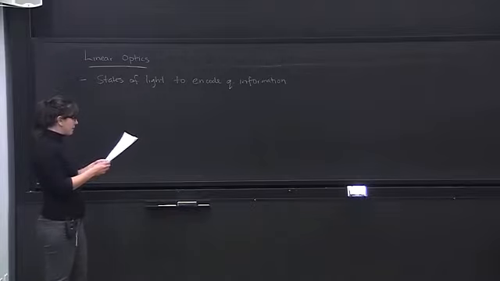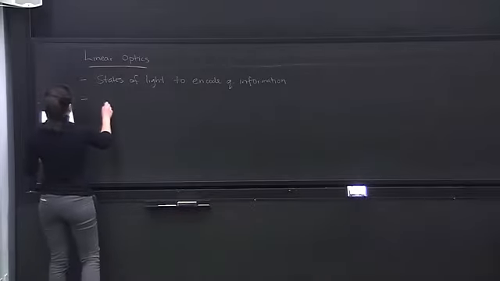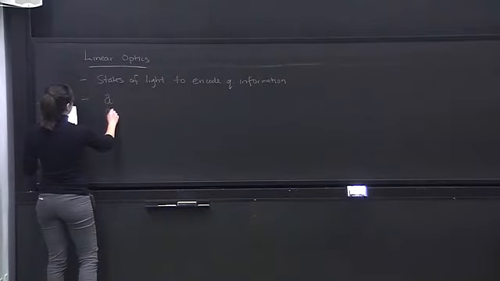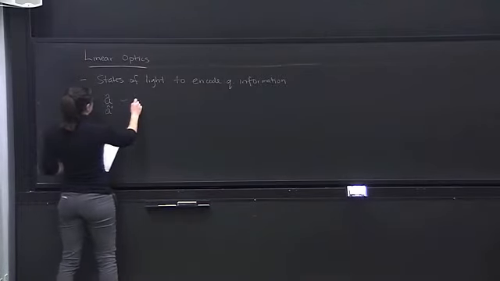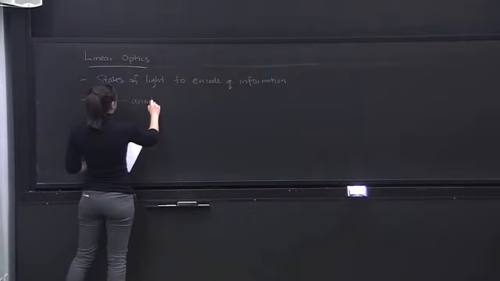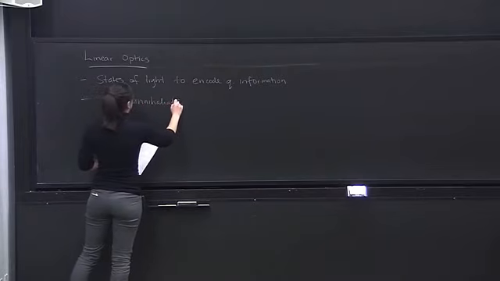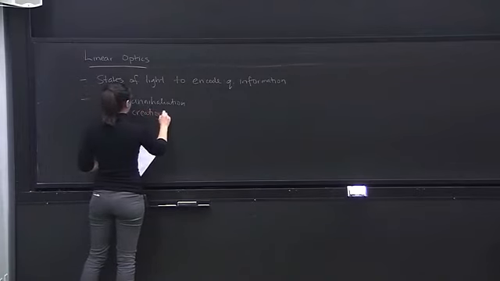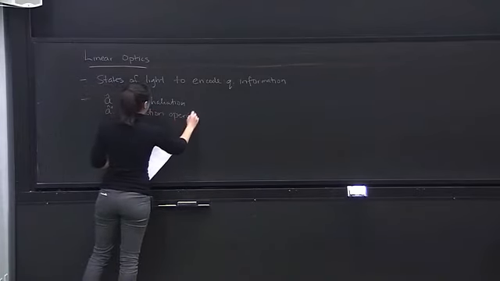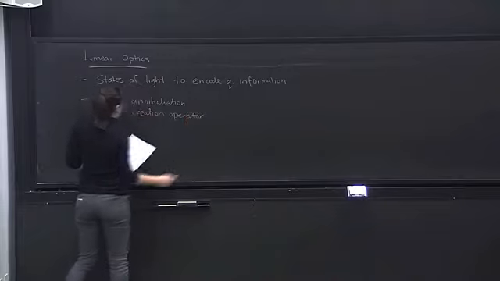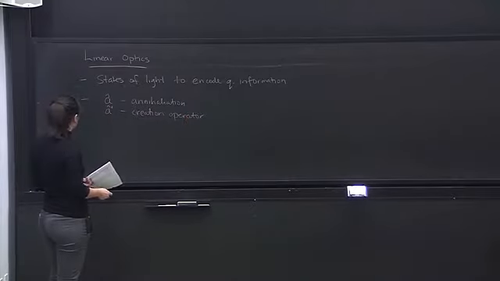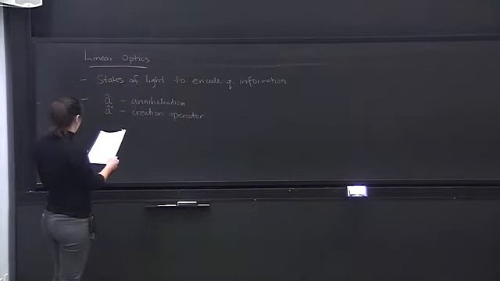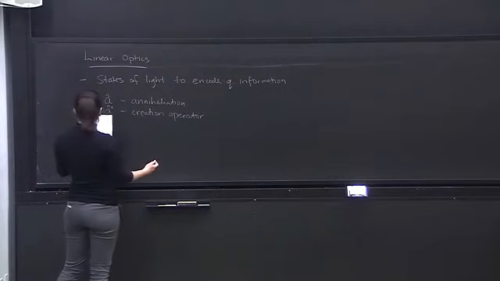Okay, so we're going to make use of second quantized notation where we have these operators, A and A dagger, which are the annihilation and creation operators. These act on optical states of light, in particular on number states.